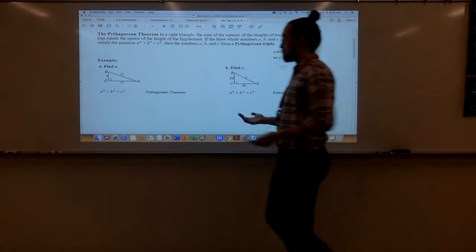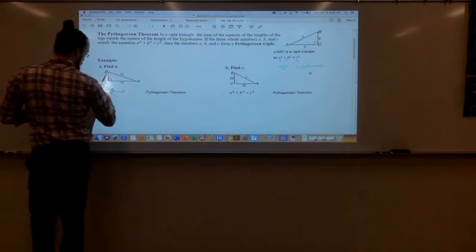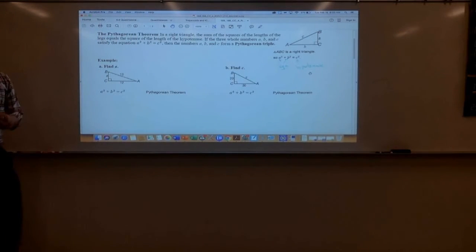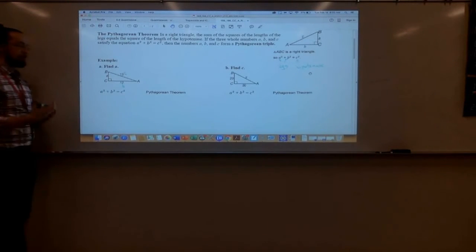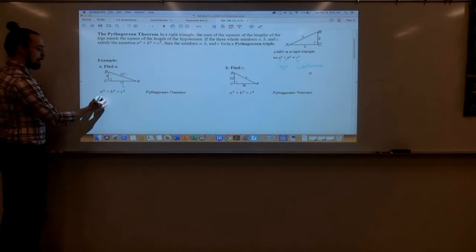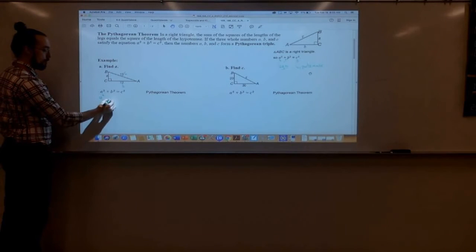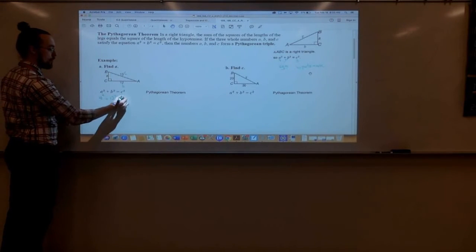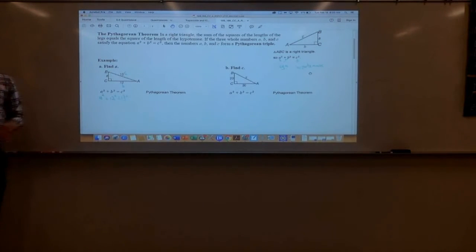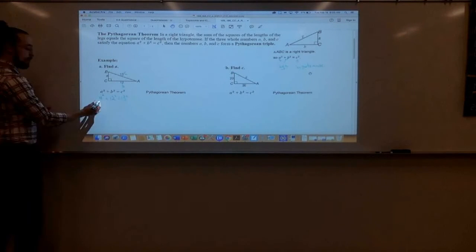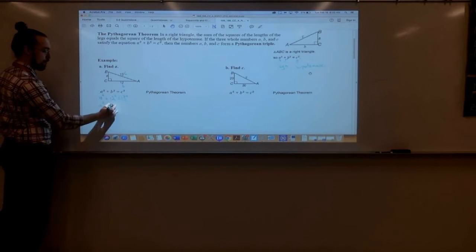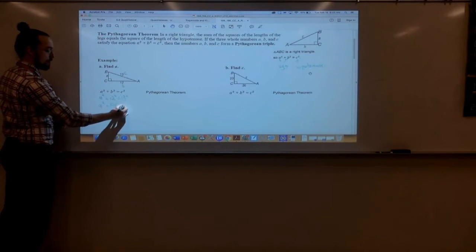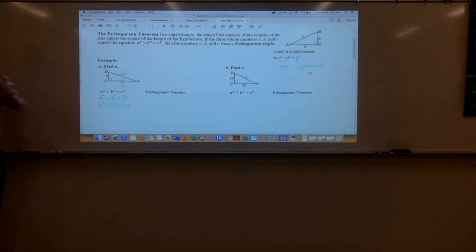Okay? So in this first example, we're missing one of the legs. So this side would be b, this side would be c. My setup would be a squared plus 12 squared equals 13 squared. Then I can square those values. 12 squared is 144. 13 squared is 169.